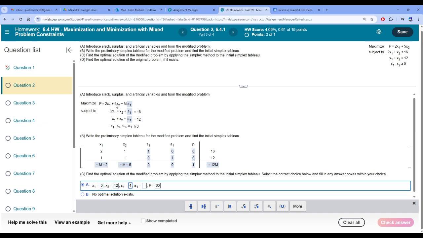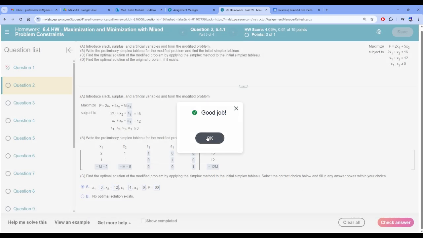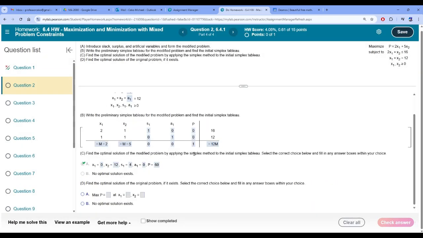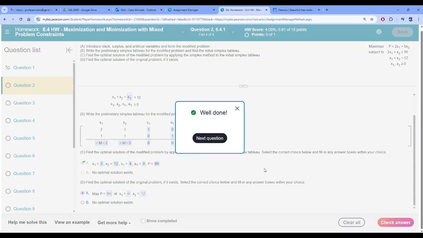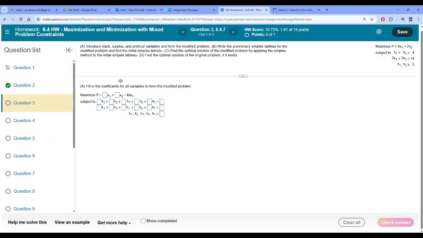If I plug into here, that's 60, so that means that a1 is equal to 0. Cool. Now find the max p. Oh, we said that it was at 0. No, this occurs at 60, 0, and 12. There we go.